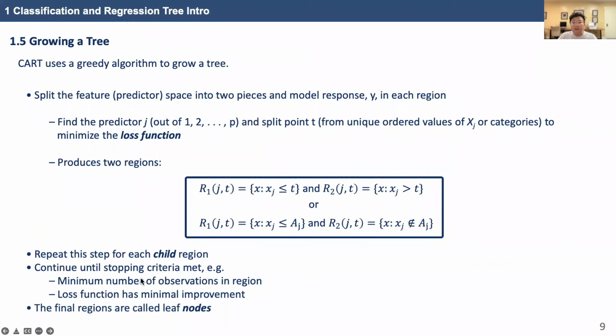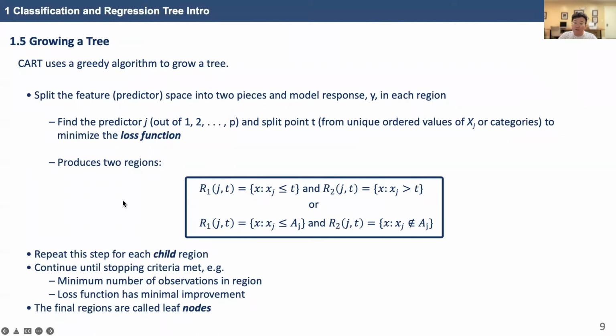Next, we repeat the process, looking for the best predictor and best cut point in order to split the data further so as to minimize the loss function within each of the resulting regions, and continue until a stopping criterion is met. For example, a minimum number of observations in a region, or the loss function has minimal improvement.